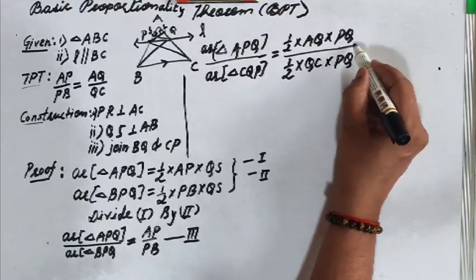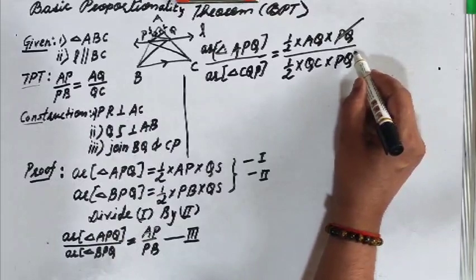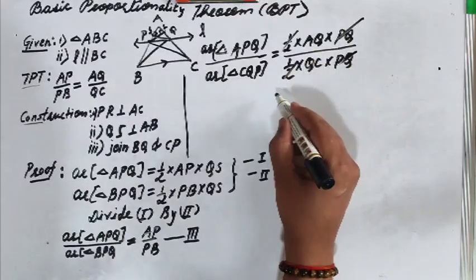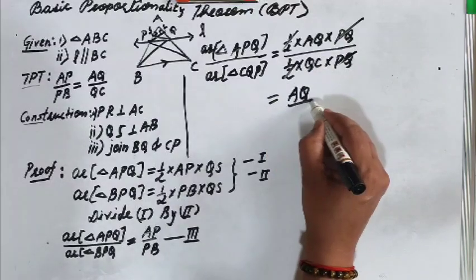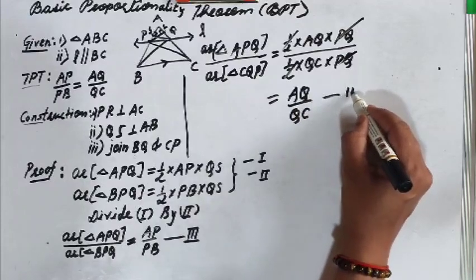So what will happen here? PQ and PQ get cancelled, half cancels with half. So you will get AQ upon QC. Say this is point number 4.